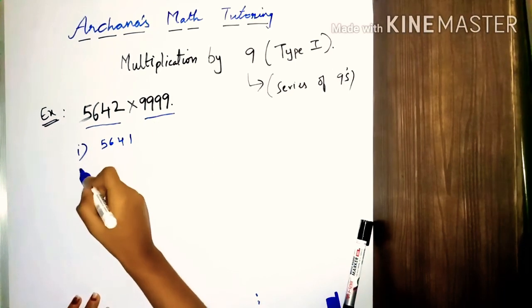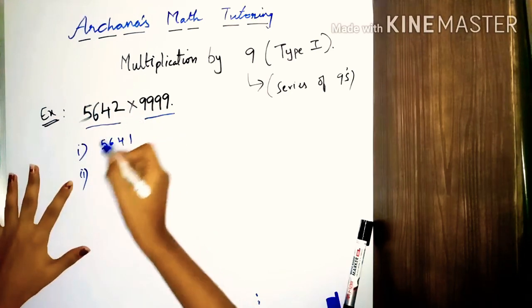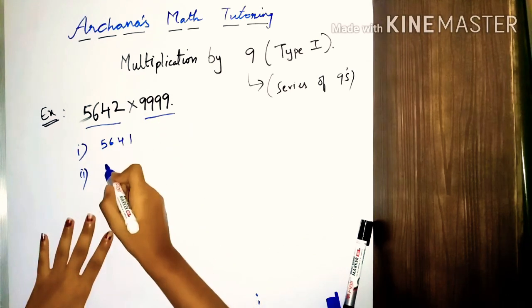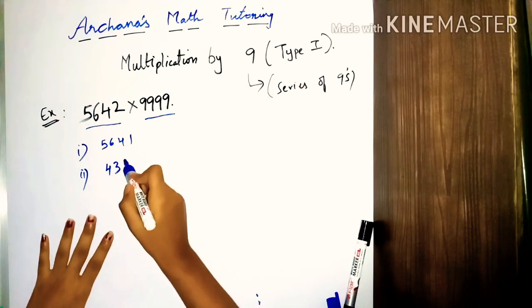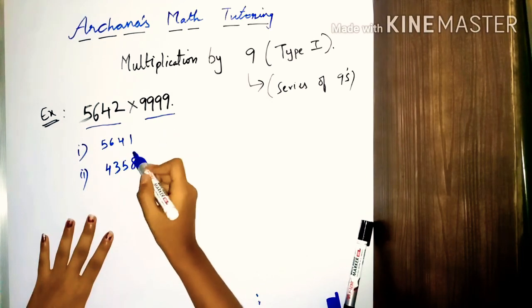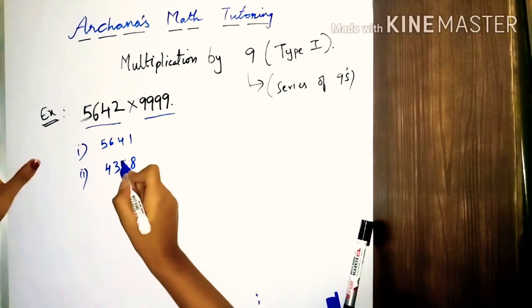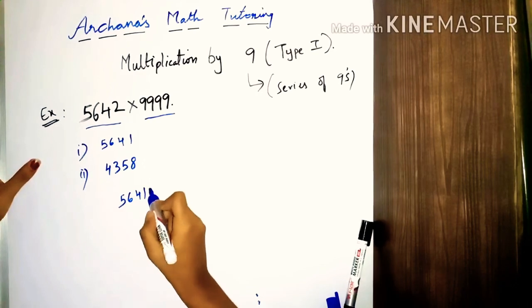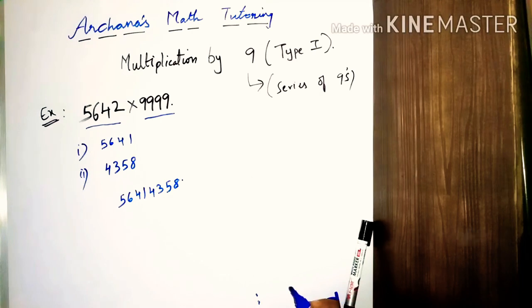The next step is to subtract 5642 from 9999. 9 minus 5 is 4, 9 minus 6 is 3, 9 minus 4 is 5 and 9 minus 2 is 7. So simply combine these two. First write the first part, then the second part. The answer is 56414357. So this is the answer for the problem.